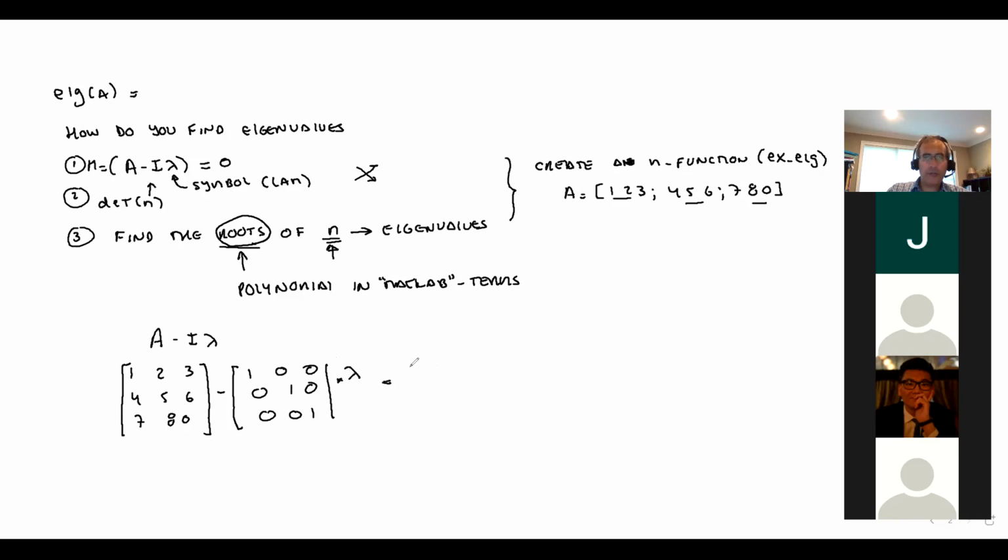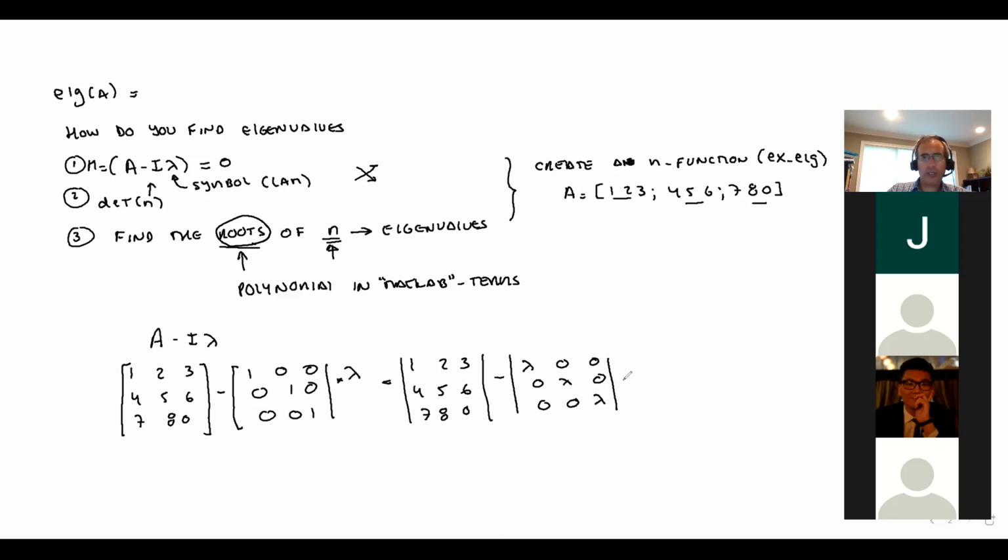Okay, and then what happens when I multiply a constant? This is going to be 1, 2, 3, 4, 5, 6, 7, 8, 0 minus lambda 0 0, 0 lambda 0, 0 0 lambda. You agree?